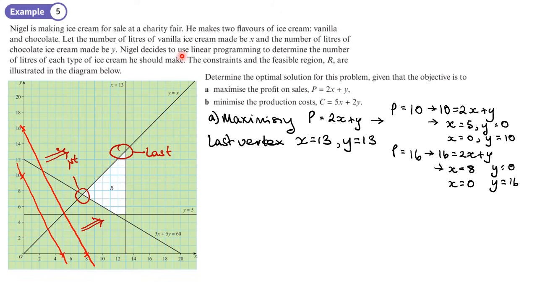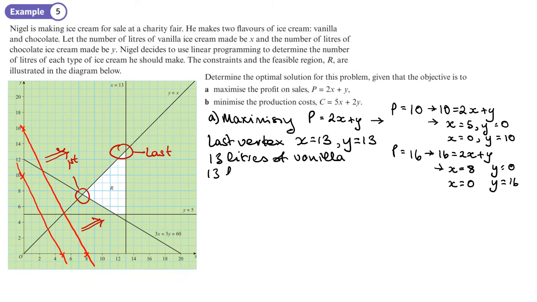So that tells me that he should make 13 litres of vanilla ice cream and 13 litres of chocolate ice cream, because x is 13.